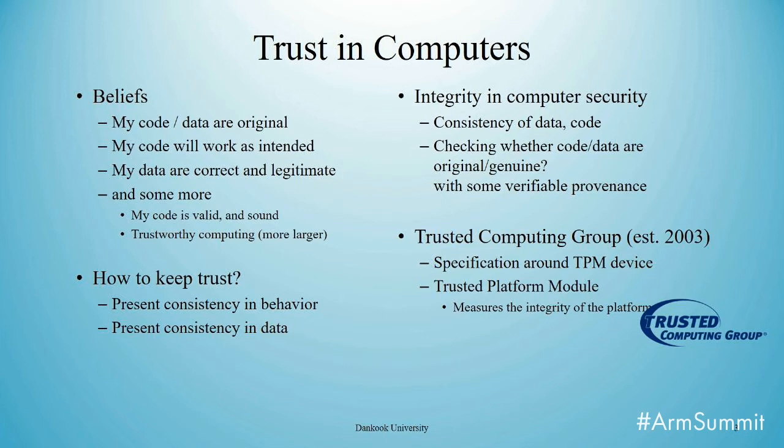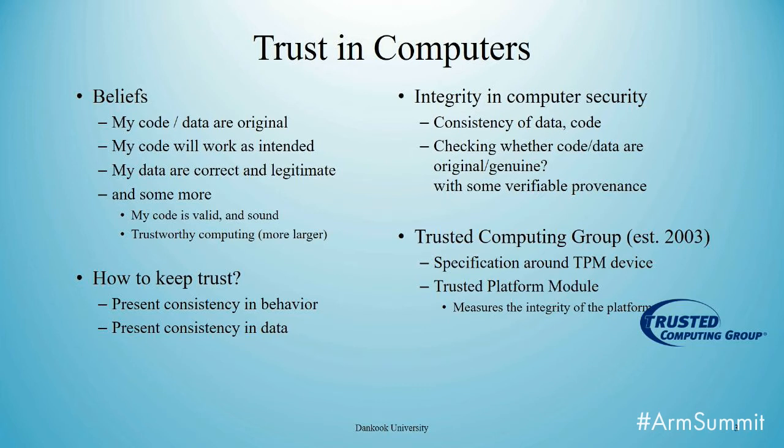People in the computer world have put a considerable amount of effort and time into setting a concept of trust in computers, and they found that integrity, in computer security terms, is a core value of making computers trustworthy. To keep consistency in code and data means checking whether the code and data are original and genuine. And more than general belief, we need some verifiable proofs.